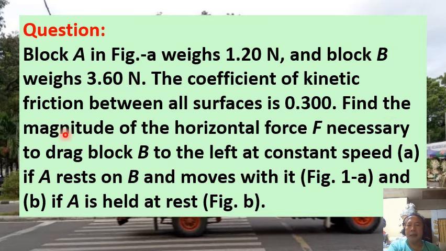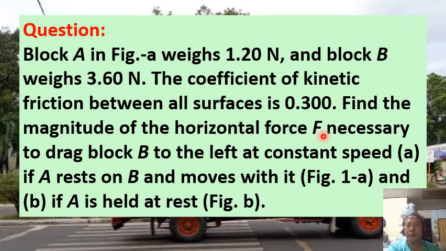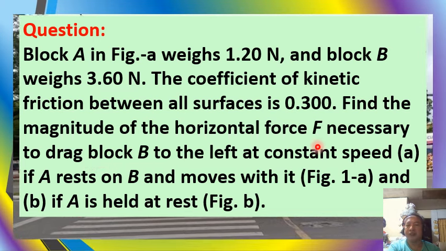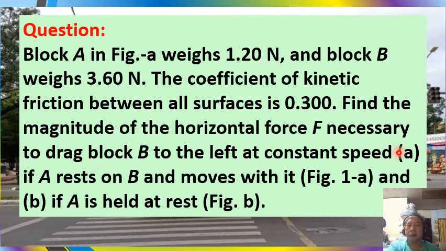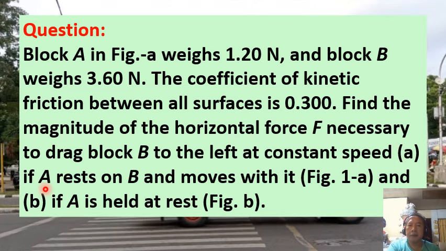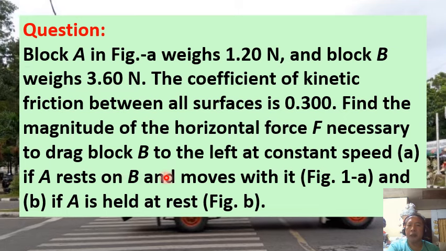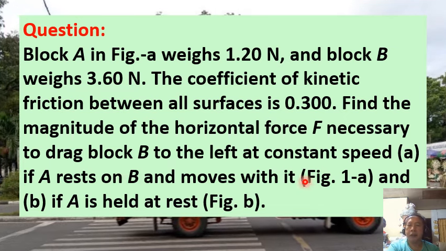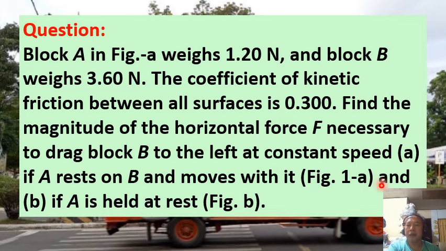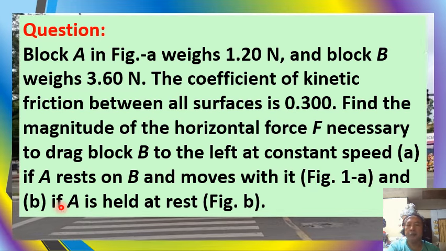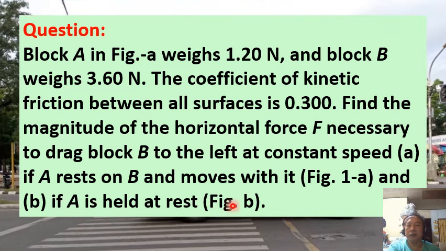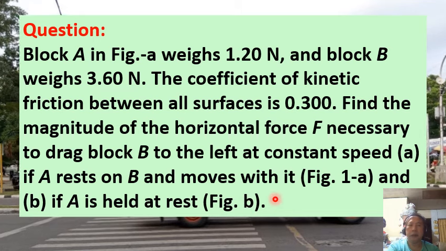Find the magnitude of the horizontal force F necessary to drag block B to the left at constant speed. Letter A, if block A rests on block B and moves with it, that is shown in figure 1-A. And question letter B, if block A is held at rest, and that is shown in figure B.